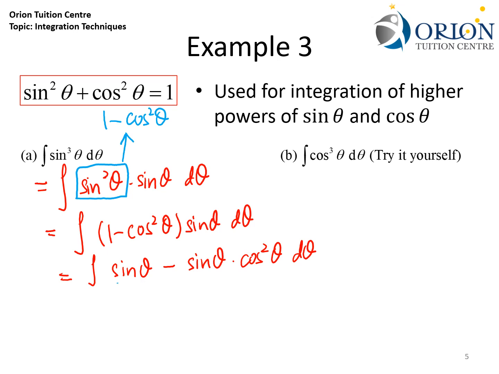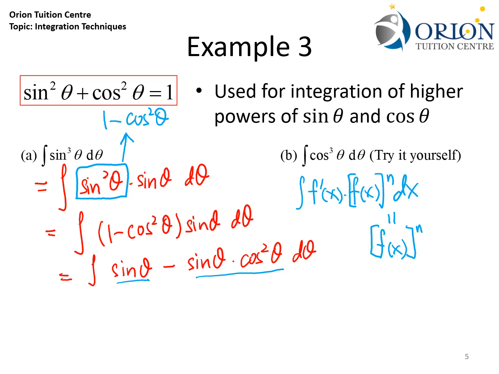This first term over here, you have no issues integrating it, it will just give us negative cosine. But for this second term, we have to observe and try to link it to our formula of integrating f prime x times fx to the power of n dx equals fx to the power of n plus 1 over n plus 1 plus c.